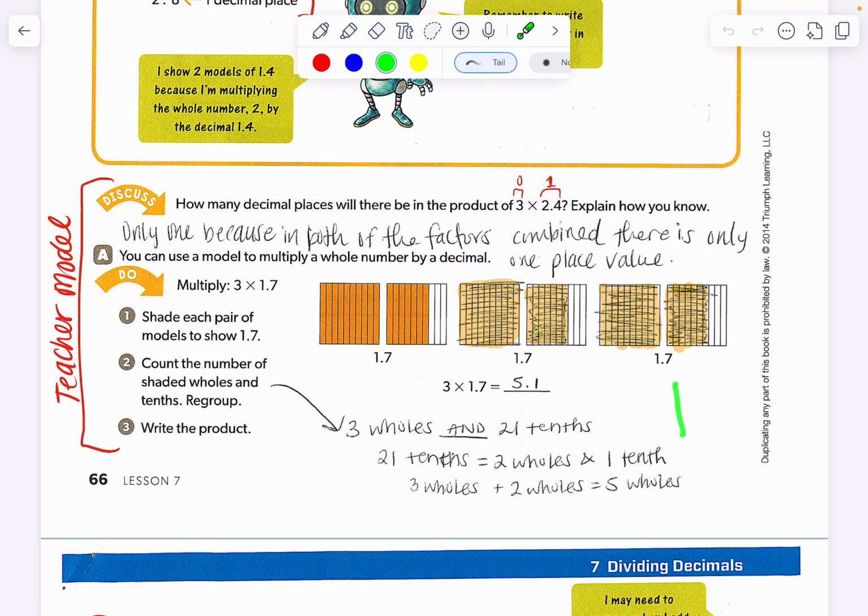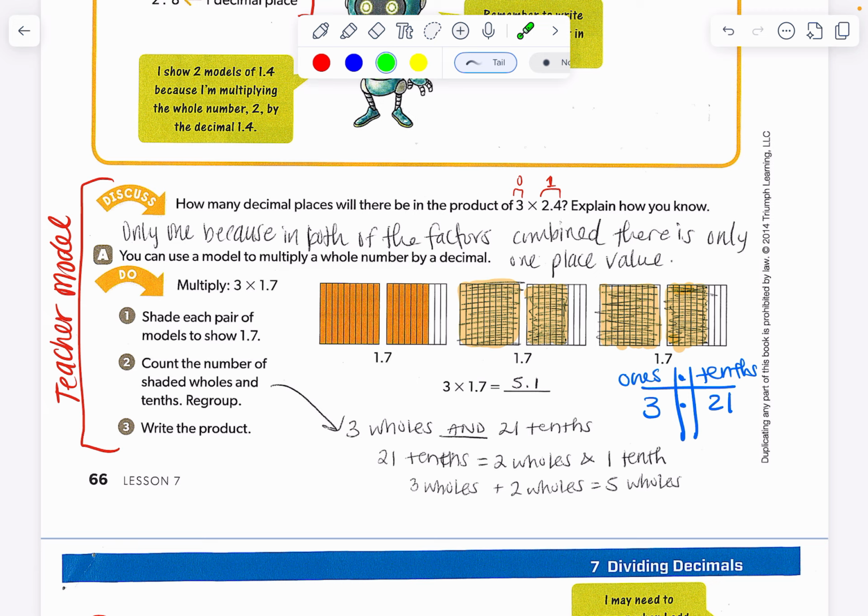In any specific place value, let me go ahead and write permanently so you can see that. In any place value chart, tenths, ones. The issue with saying that we have 3 wholes and 21 tenths is that there are now 2 digits within the tenths place.